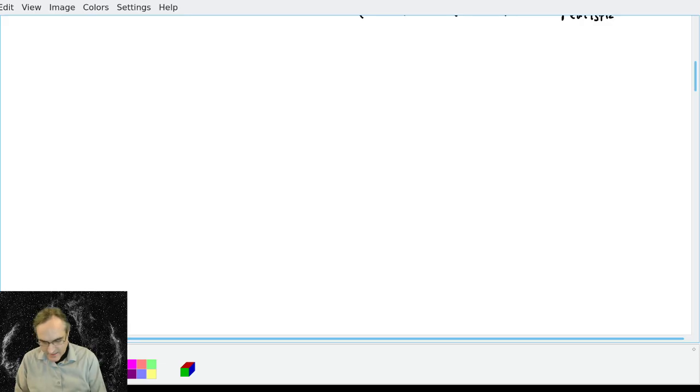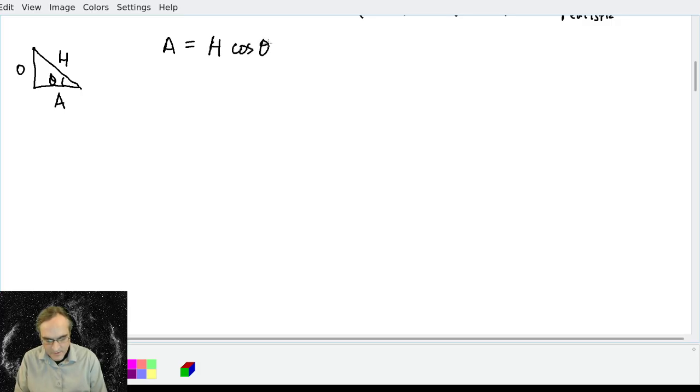So let's say we want to find the hypotenuse, and we find the angle, and then we would like to find the opposite and the adjacent sides. So if we look at that, adjacent is equal to the hypotenuse cosine of theta, and the opposite would be equal to the hypotenuse sine of theta.